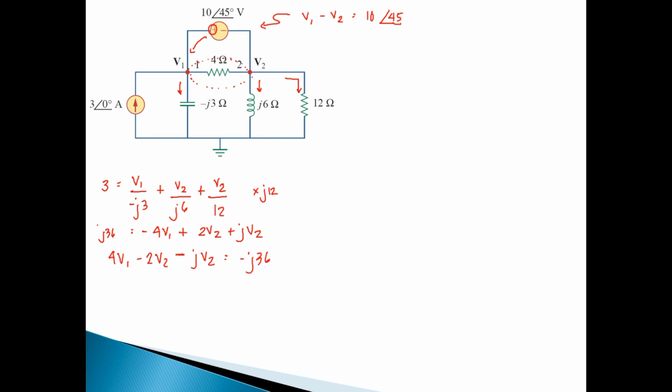So 4 V1, negative will be positive. 2 V2 will be negative, and then jV2 is negative jV2, negative j36 on the right side. So we have here 4 V1 minus (2 plus j) V2 equal to negative j36. So this is our second equation, and the earlier one is our first equation.